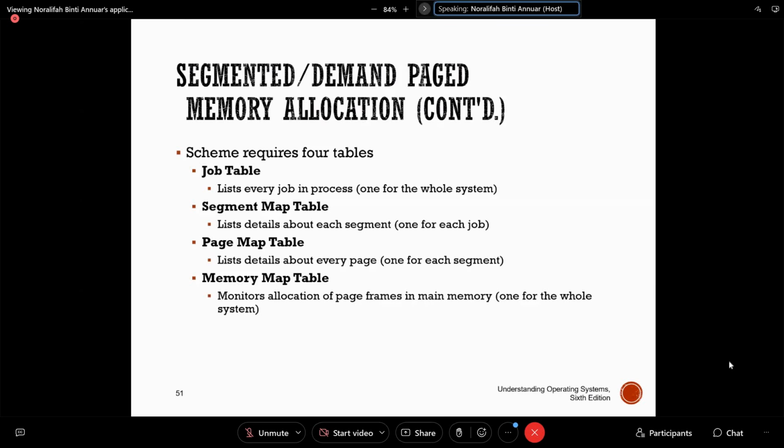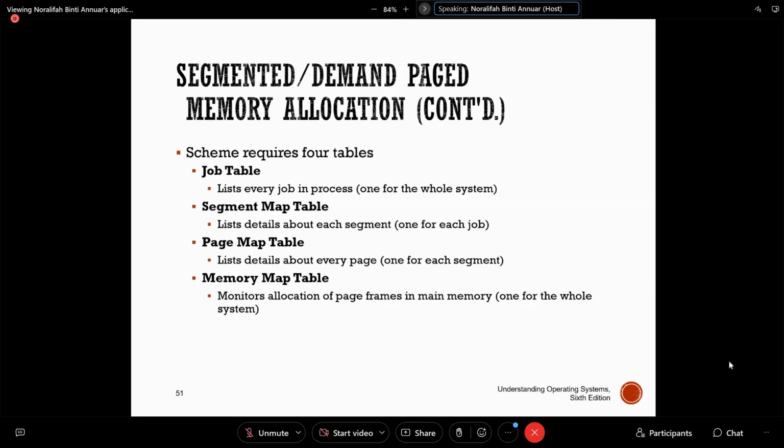And then demand page, still equal size, but only be brought into memory by the demand. Sekarang dia nak gabungkan segment plus demand page. Maksudnya the job will be divided into segments, based on the subroutine program size, but only be brought into memory by the demand. Digabungkan dua algorithm to create improve algorithm.